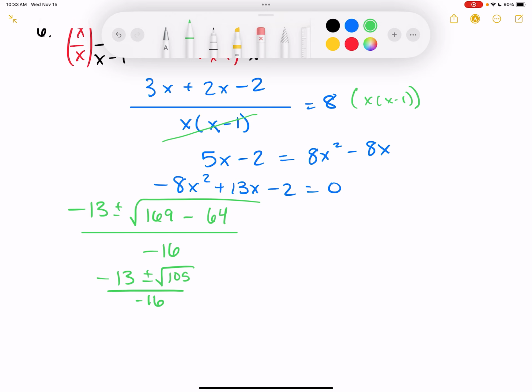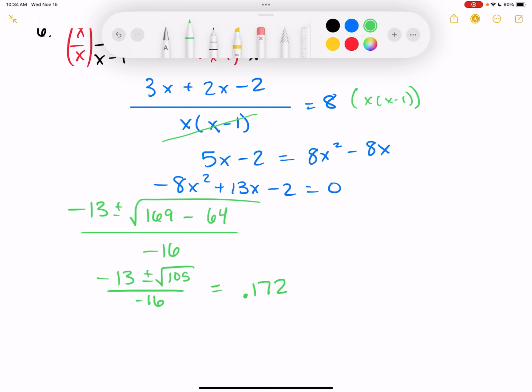So when I do that, I get, I don't know. We're going to let the calculator give us an answer on that. Negative 13 plus the square root of 105 divided by negative 16 is .172.